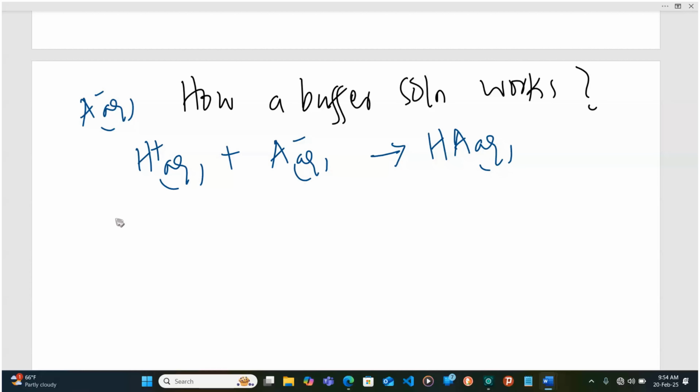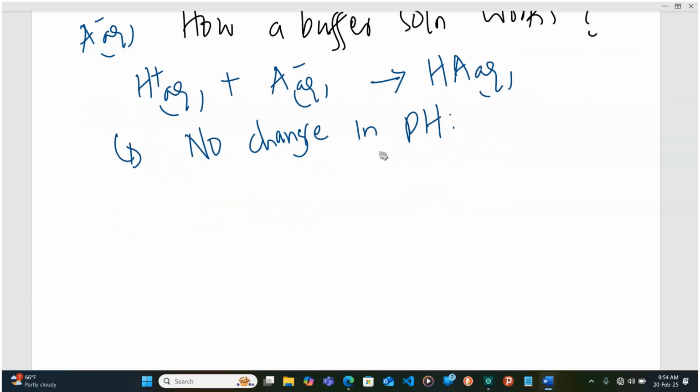In other words, these solutions always try to make sure that the pH is maintained in a given range. So you'll find that there is almost no change in the pH. That is the functioning of a buffer solution.